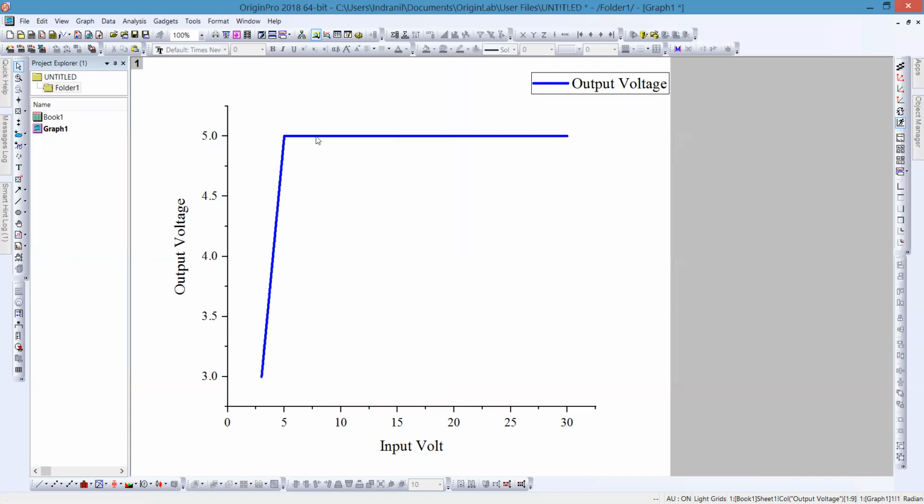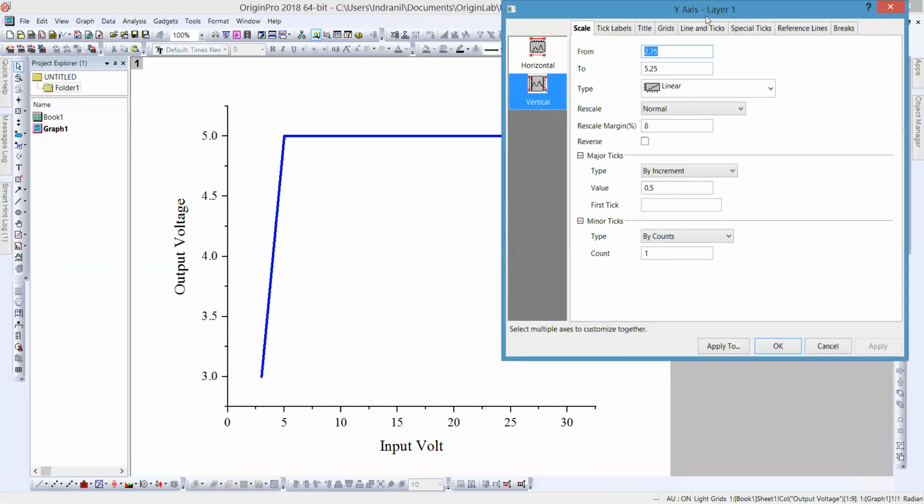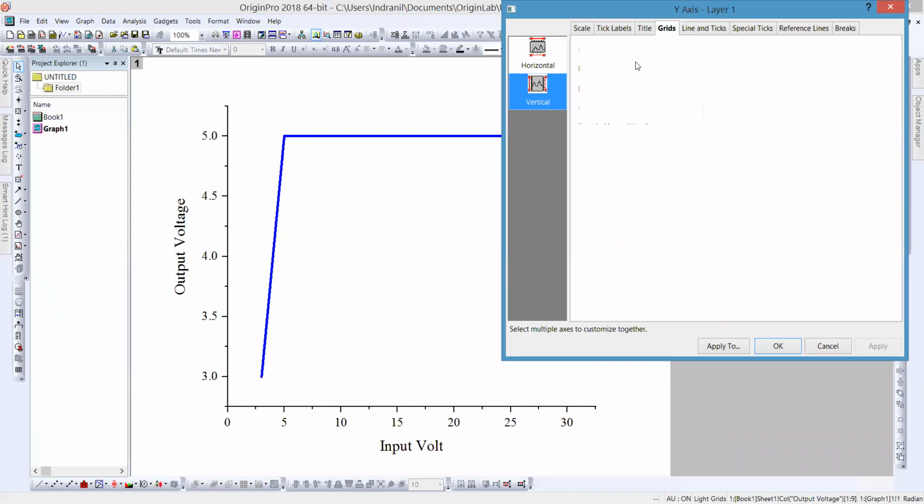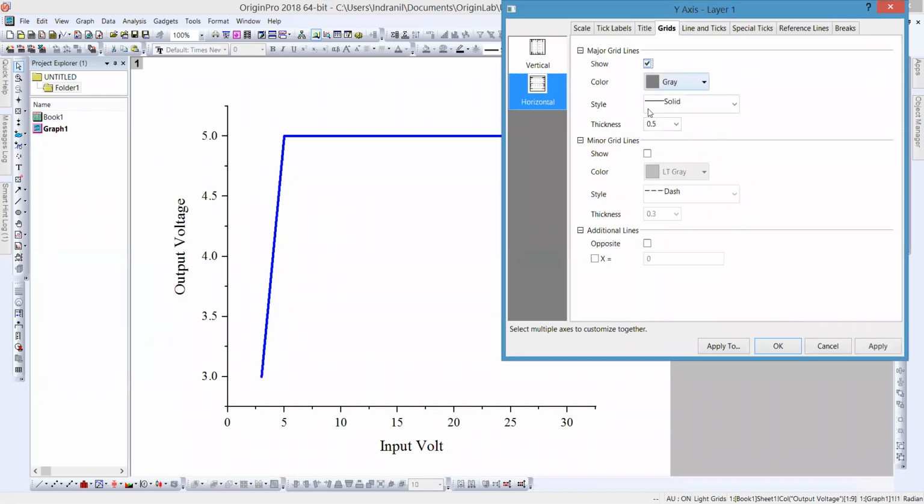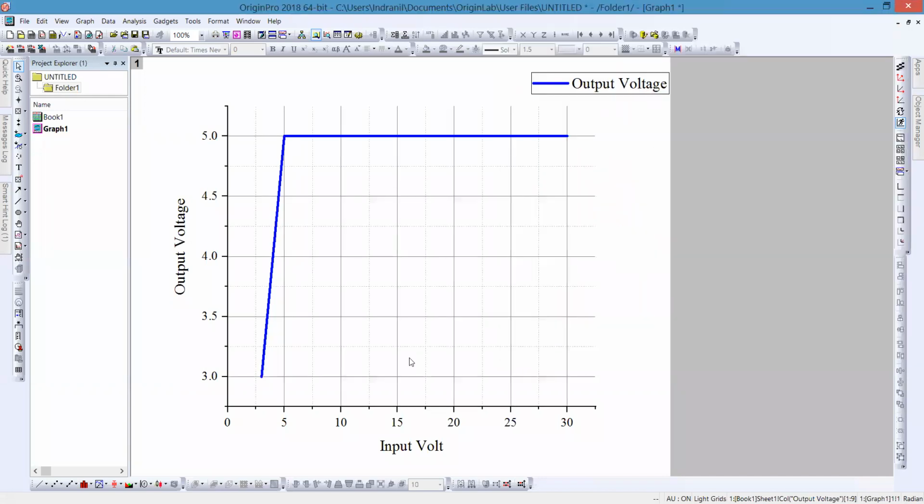Let me add the grid, then only you can clearly see. Yes, as you can see, this is 5 volt.